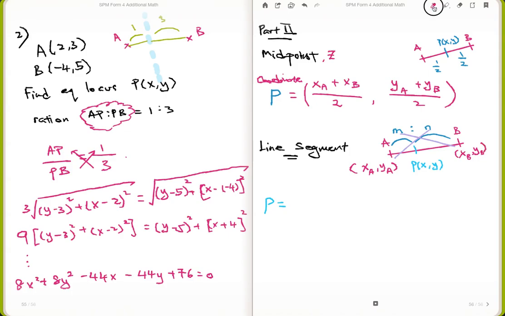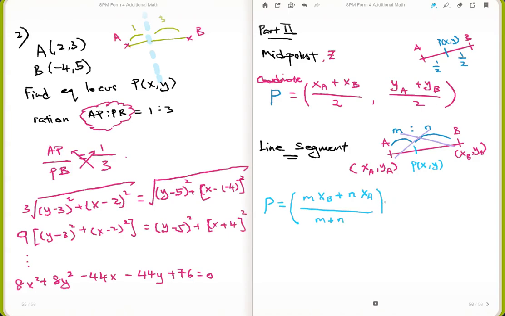Now, in order to get the line segment of coordinate P, simply you do M times XB, cross multiply, N times XA. So it will be M times XB plus N times XA, divided by the sum M plus N.